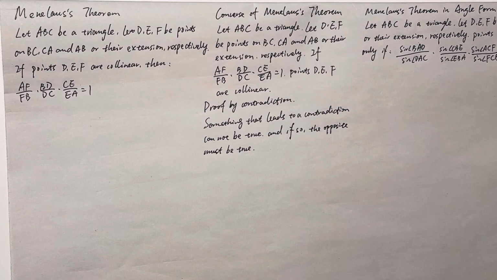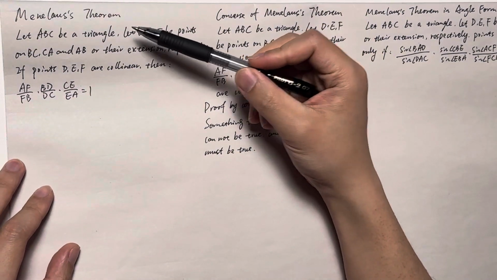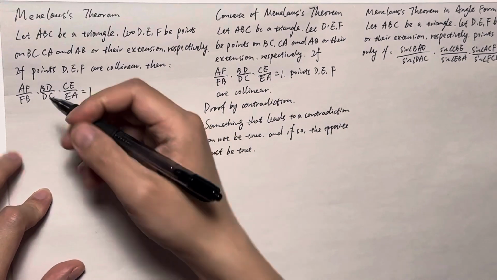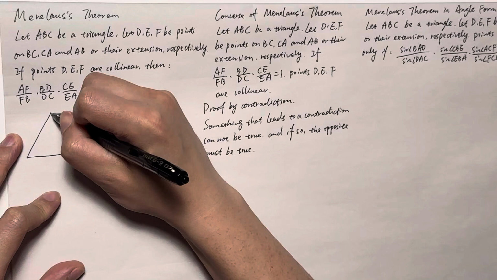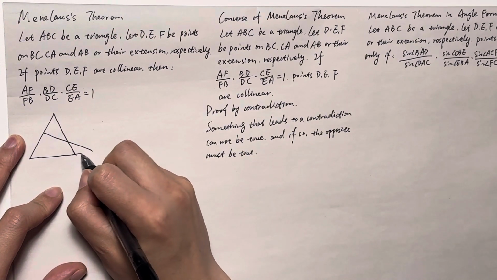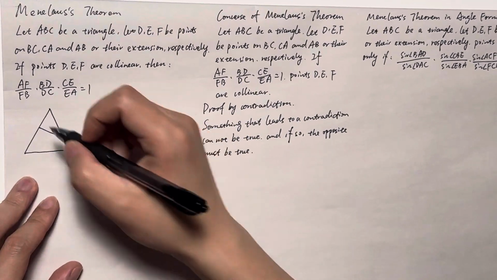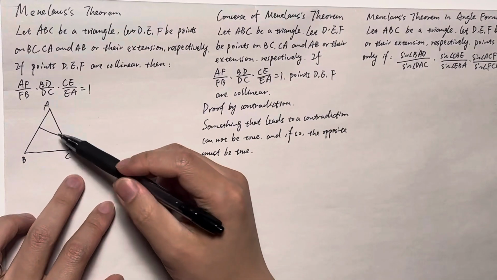Let's start with the Menelaus theorem. The Menelaus theorem is saying, let me draw the figure first. It's saying, let ABC be a triangle.